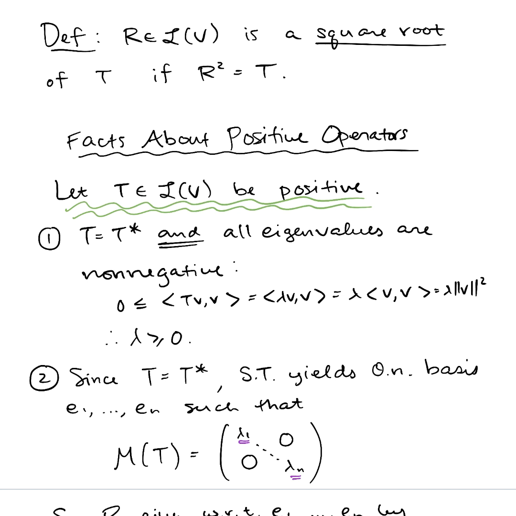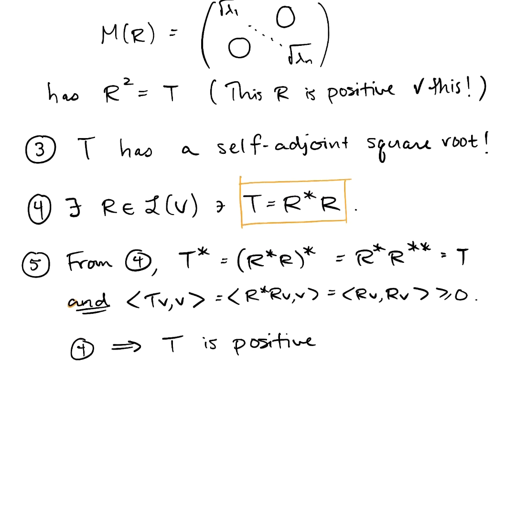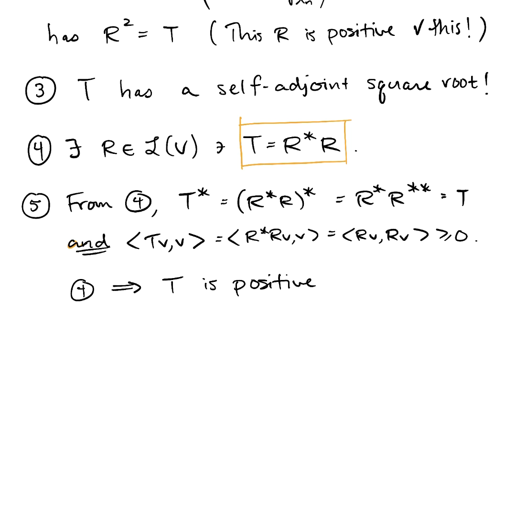Fact 1 followed, and then from fact 1, fact 2 followed, and then from fact 2, fact 3 followed, and then from fact 3, fact 4 followed. So T positive implies 1, implies 2, implies 3, implies 4. But then we just argued that 4 implies T is positive.